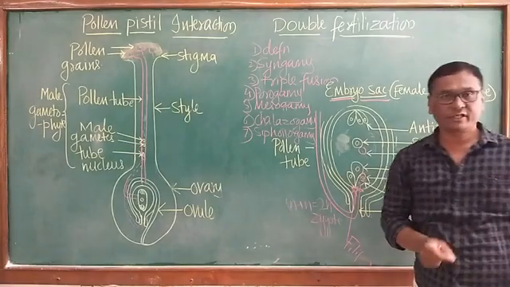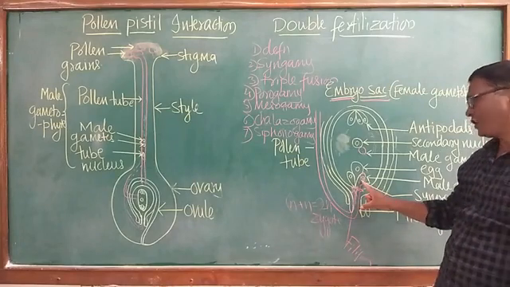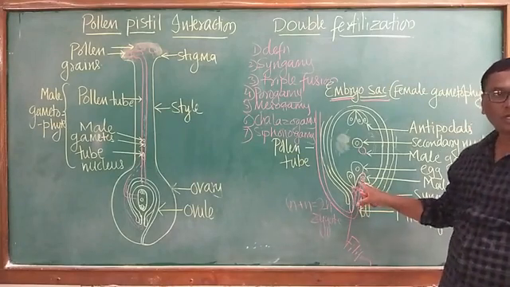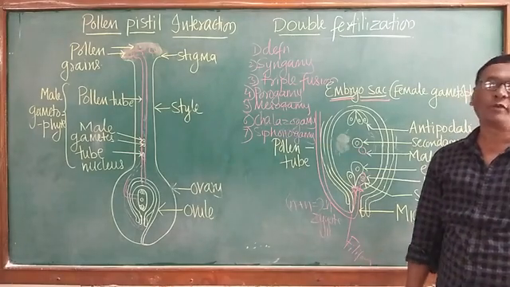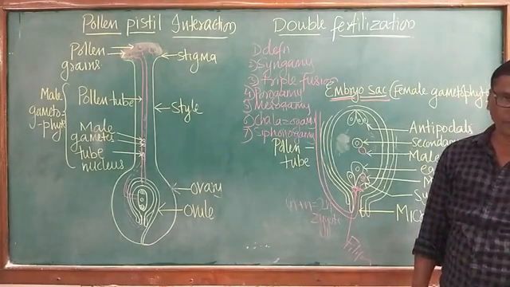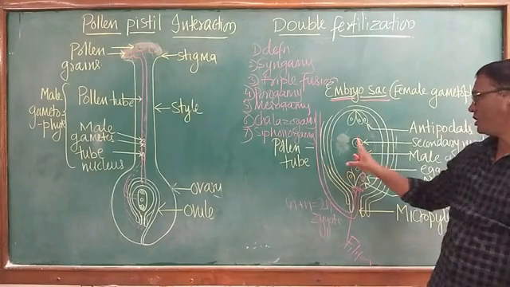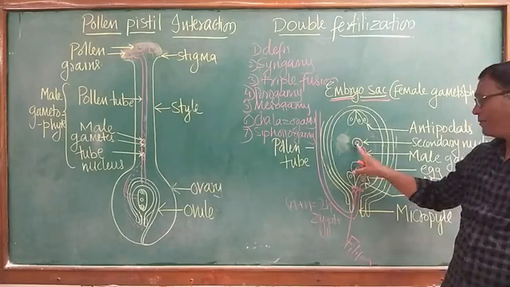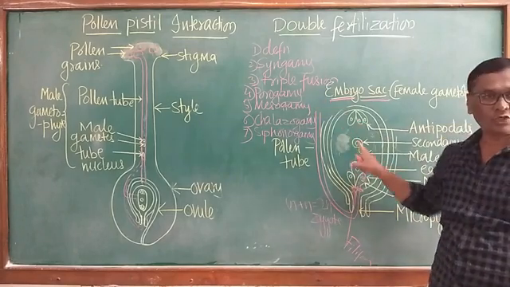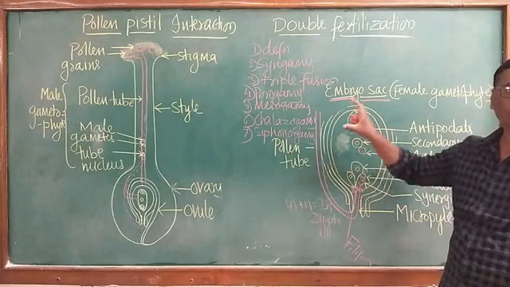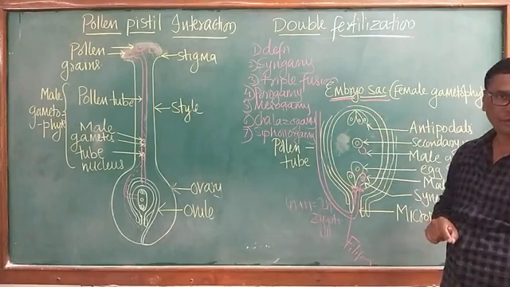What is the second significance? The zygote, from the first fertilization, leads to the development of the embryo of the seed. Then, what is the significance of triple fusion here? The primary endosperm nucleus, the result of triple fusion, develops into the endosperm of the seed.